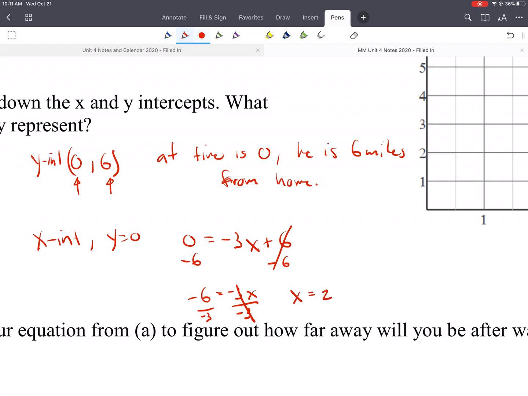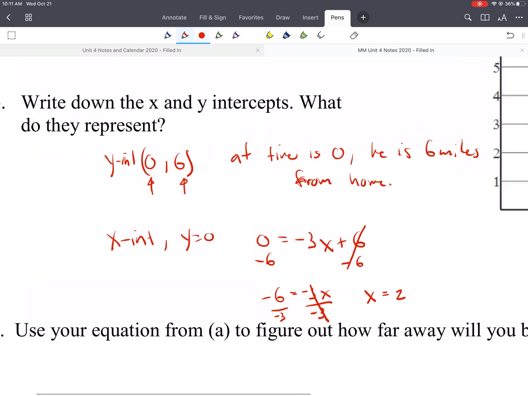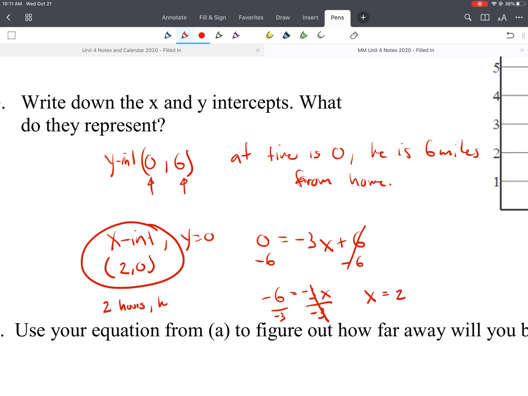So our x-intercept is 2, 0. And what does that represent? Well, it represents that after 2 hours, he is home.